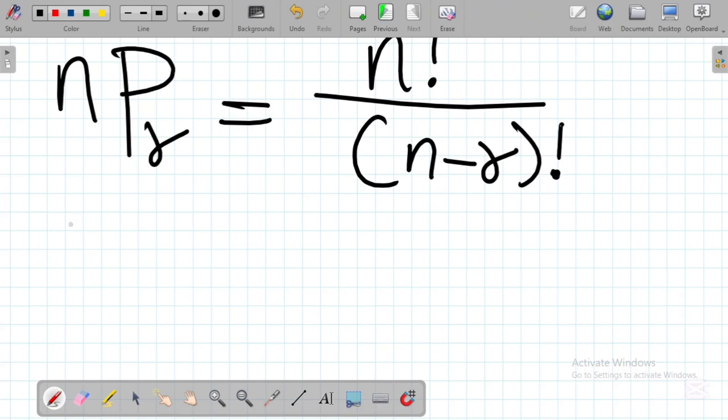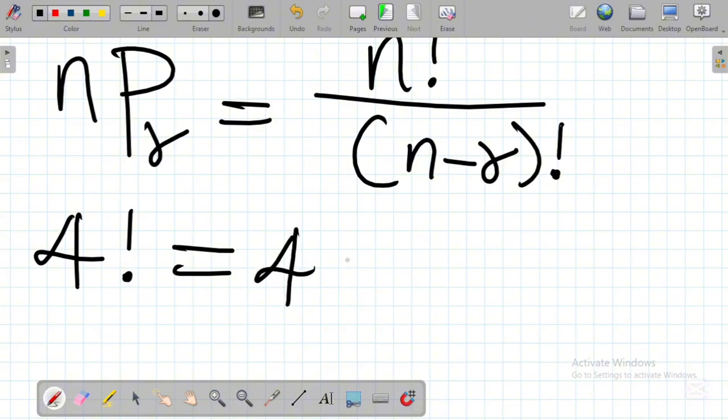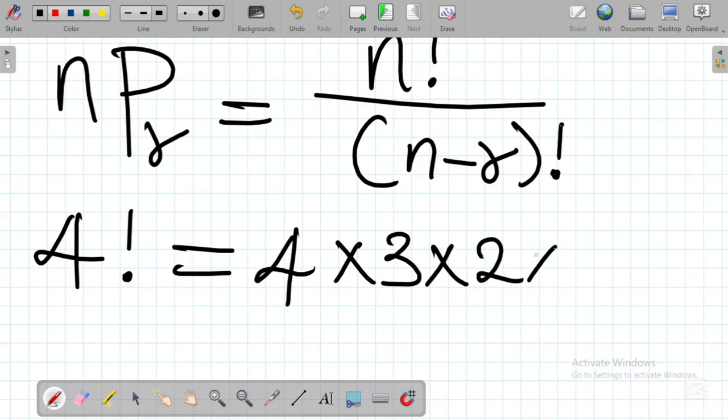So when we say 4 factorial, what do we really mean? 4 factorial is equal to 4 multiplied by 3 multiplied by 2 multiplied by 1. So now you know what a factorial is. It is the mathematical operation that multiplies a given positive integer by every positive integer below it down to 1.